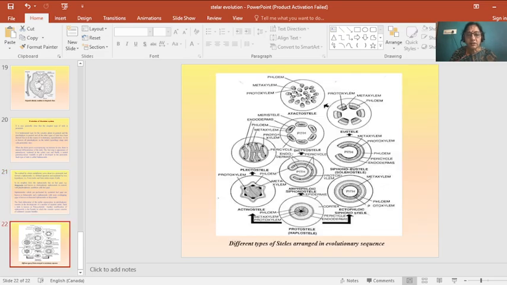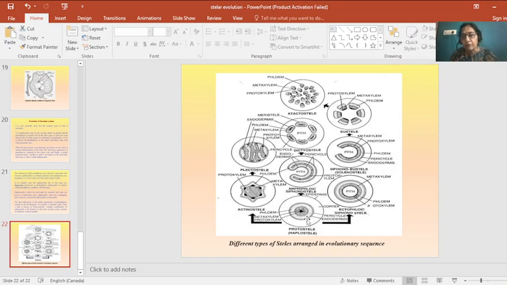So this is the evolution of the steles, where you see from the protostele, in one line they develop into atactostele, while in another line from the protostele, amphiphloic siphonostele develops. From the amphiphloic, it will form the dictyostele, and from the dictyostele it forms the atactostele.